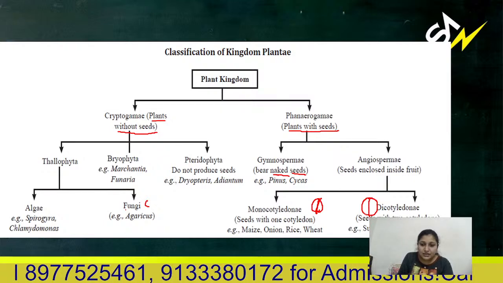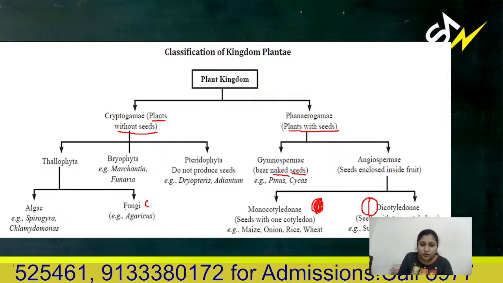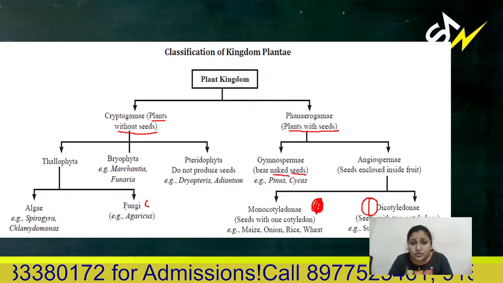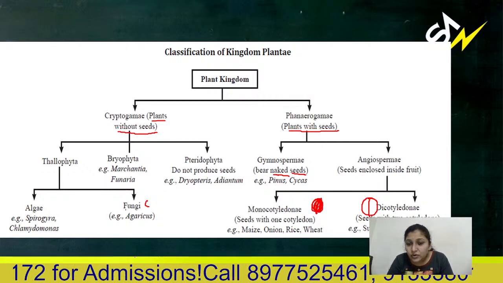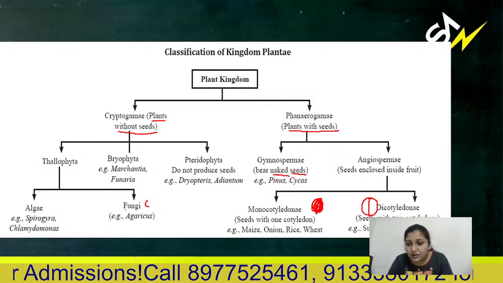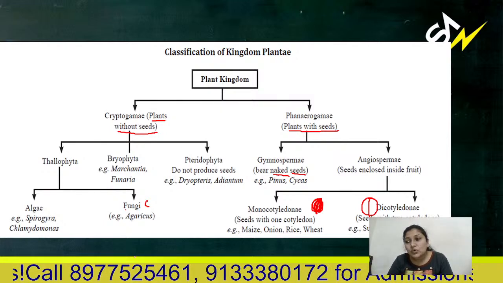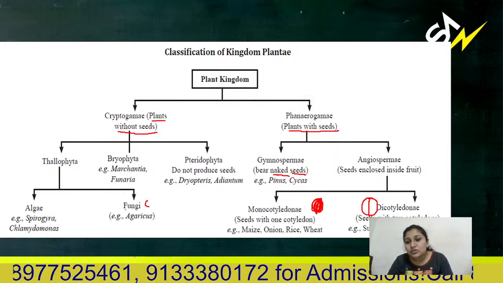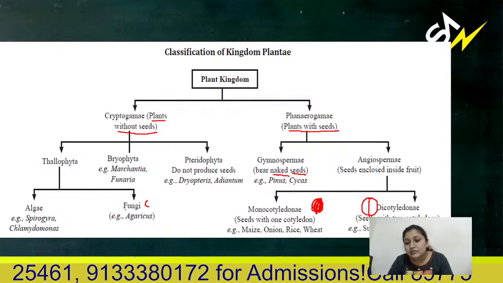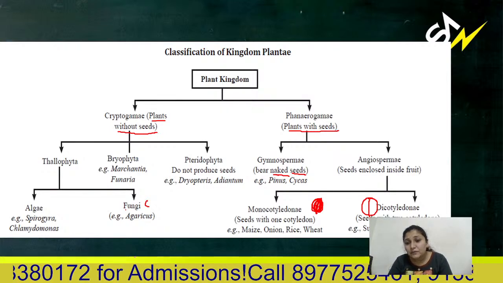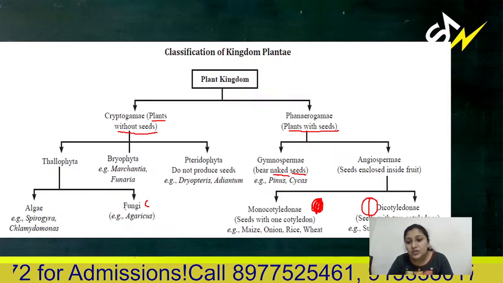When you remove the seed coat and can equally divide the seed into two halves, that is a dicot seed.